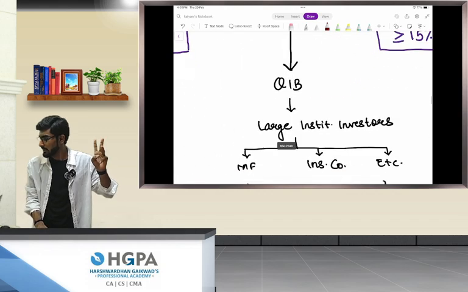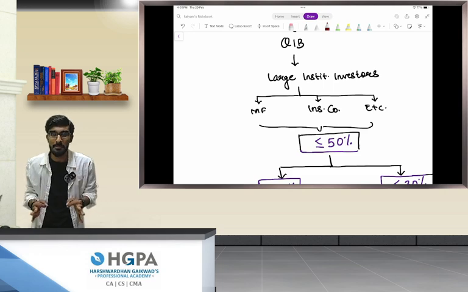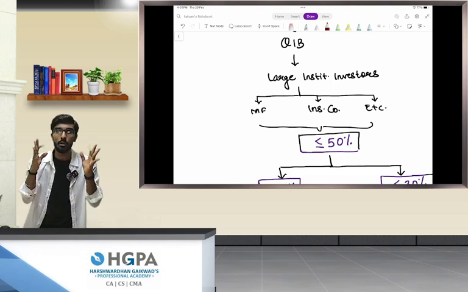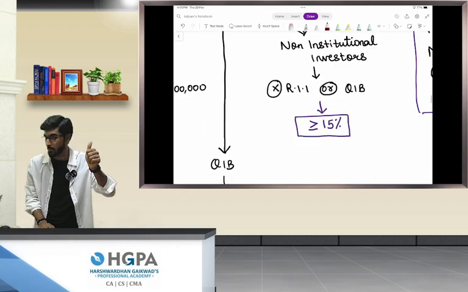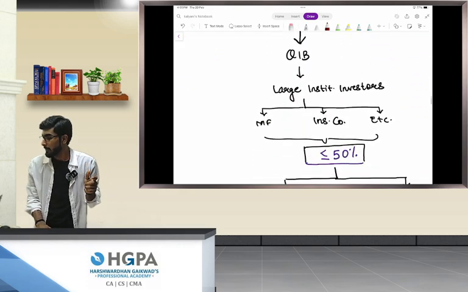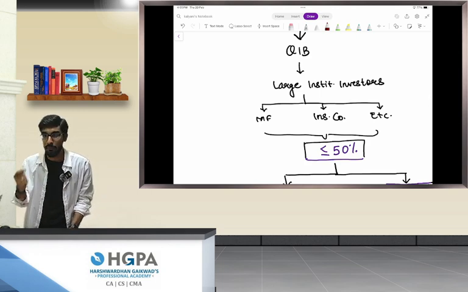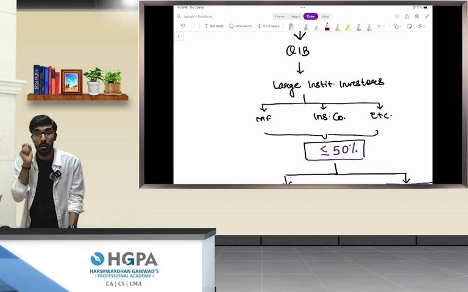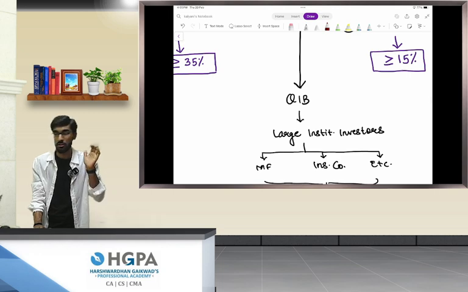And last, a maximum of 50 shares can be given to qualified institutional buyers. Over here it is at least. Over here it is maximum. That means you cannot exceed 50 shares when allocating to qualified institutional buyers.